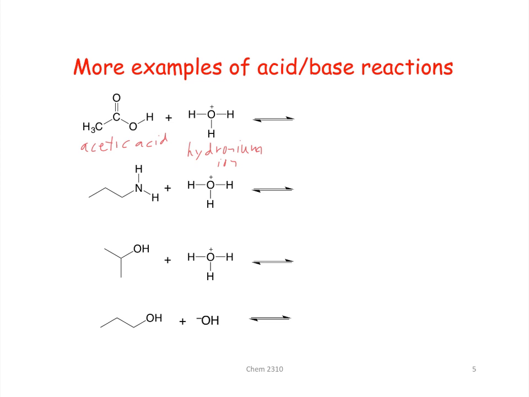So hydronium ion is the stronger acid, so this is going to act as an acid, and that's going to force acetic acid, even if it doesn't like it, to act as a base. All right? So we've got to figure out where the proton from hydronium ion is going to go on acetic acid.